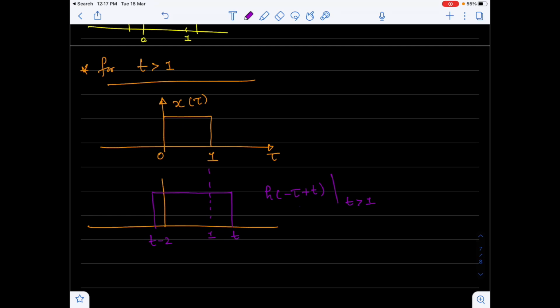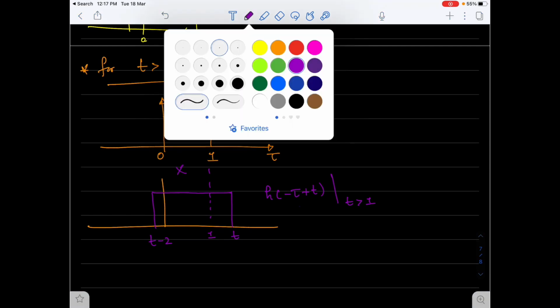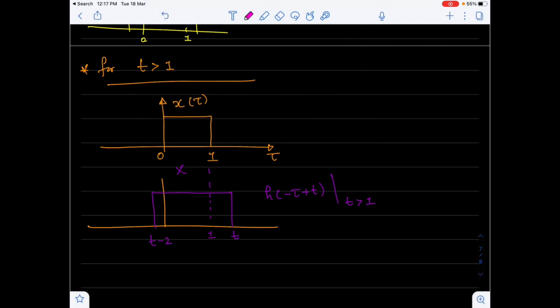So in this case, if I multiply these two signals, you see that the common area is nothing but this much, right? So my y of t will be equal to, this amplitude is 1, this amplitude is also 1, so 1 into 1, then d tau.